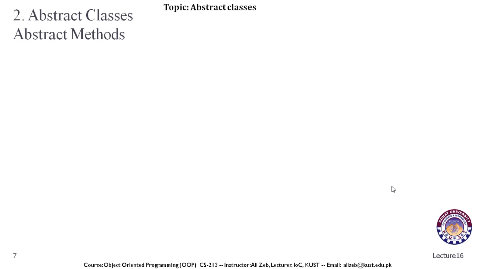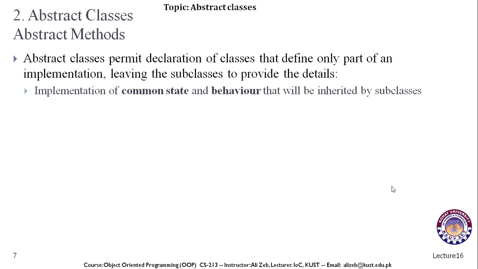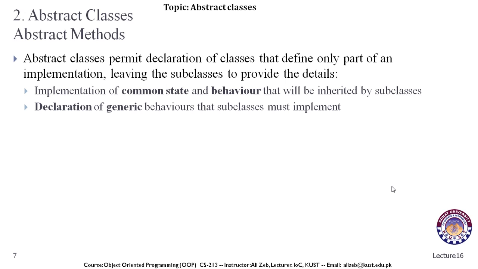Abstract methods. We saw an example of abstract methods in our previous slides. Abstract classes permit declaration of classes that define only part of an implementation, leaving the subclasses to provide the details. So what we can do is include the method as abstract in a superclass, and the implementation for that method will be provided by the subclass. This gives implementation of common state and behavior that will be inherited by the subclasses, and declaration of generic behaviors that the subclasses must implement.